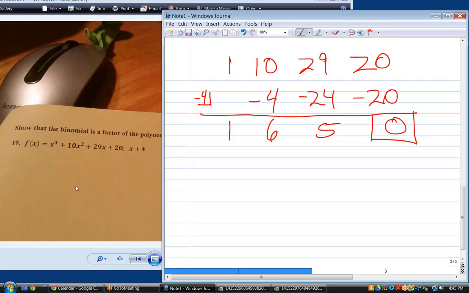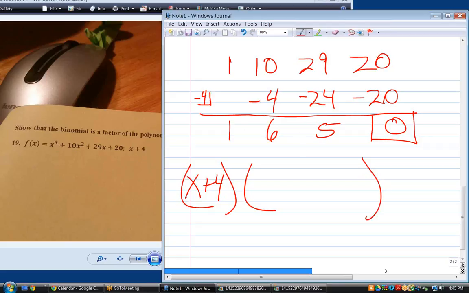Now, they don't ask you to do anything further here, but what is the other factor? In other words, so x plus 4 is indeed a factor. Well, after you divide this cubic by x plus 4, what do you have left over? The synthetic division shows you. It's these last 3 numbers here.